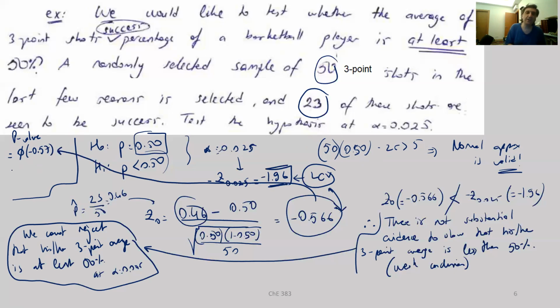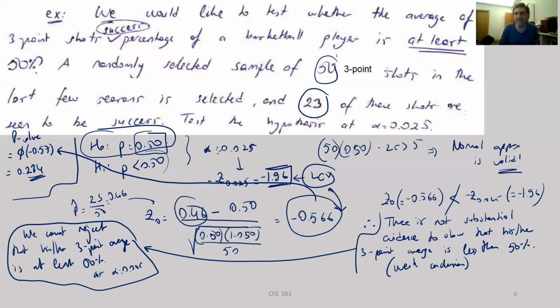We are finding the area on the left-hand side, on the left tail, and this is going to be equal to 0.28. So the p-value is equal to about 28%, which is a pretty high value, which does not say that the null hypothesis is true, but which says that it is not easy to reject the null hypothesis.